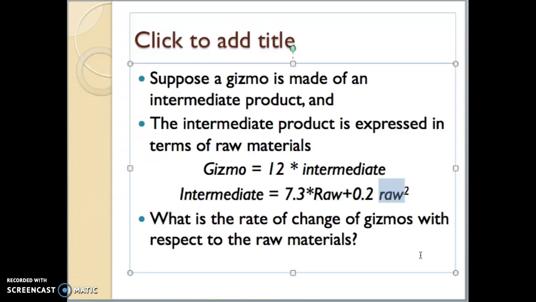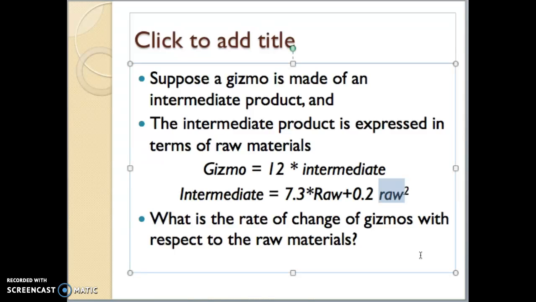Now, that means that the change in gizmos with respect to the raw materials would be d gizmo d raw. So you would use the chain rule, and you would say, well, d gizmo d raw is you take the change in gizmos with respect to the intermediate item, and then you multiply it by the intermediate item's change with respect to the raw materials.